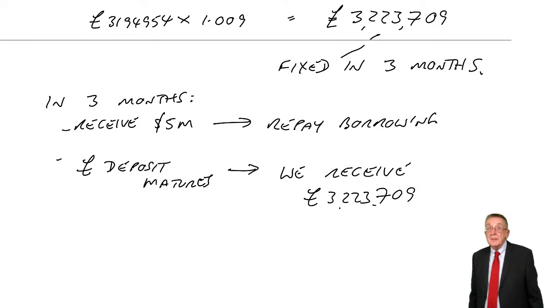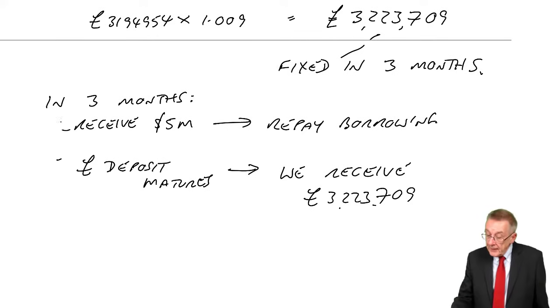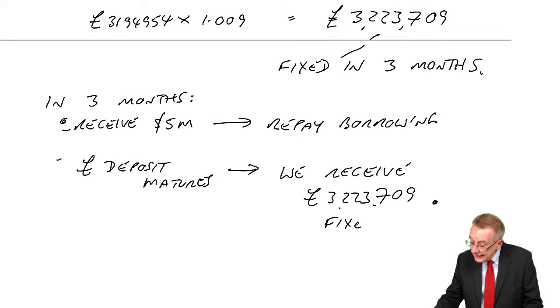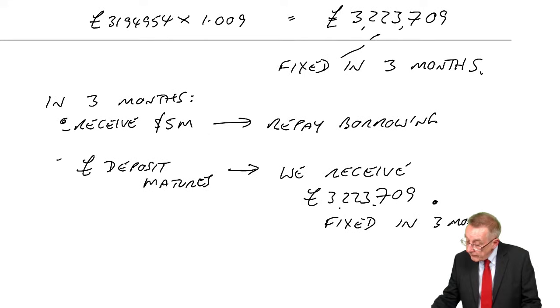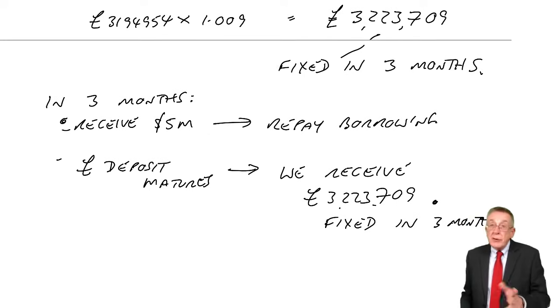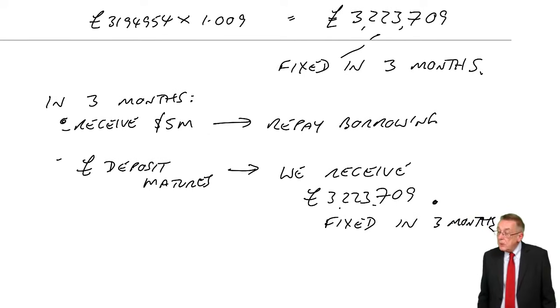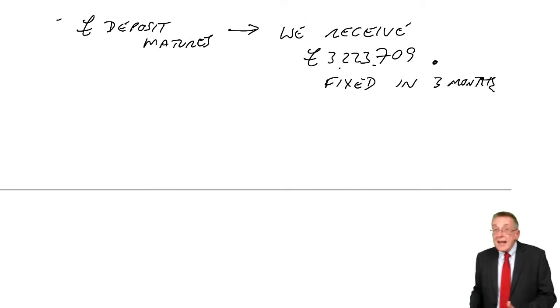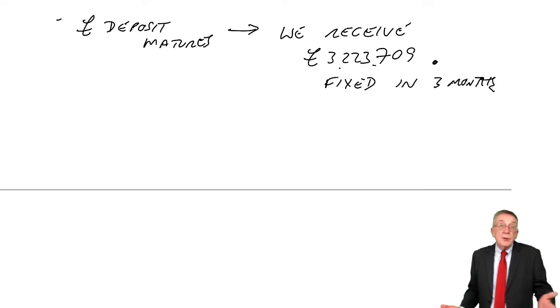In cash flow terms, 3 months' time, the customer pays 5 million. We receive a fixed 3 point whatever million. And before I look at example 2, and this is quite important, this is effectively the same as forward rates.